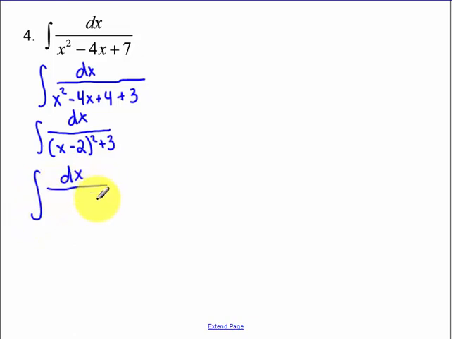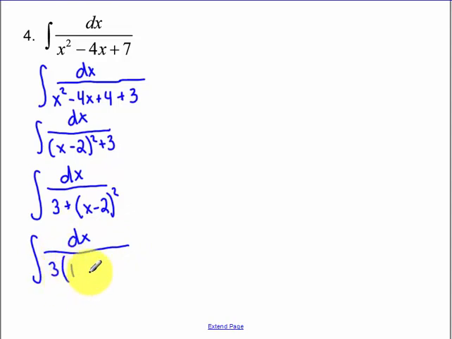so that it looks like the last problem where we have this. So this is now our hidden inverse trig. Factor out whatever number is there so that you get a coefficient of 1.